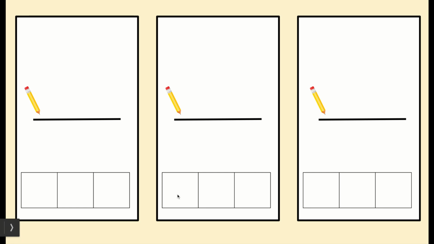Let's stretch it apart, j-og. And now write the letters that represent the sounds you hear in the word jog. And the final word, got. Got, got.